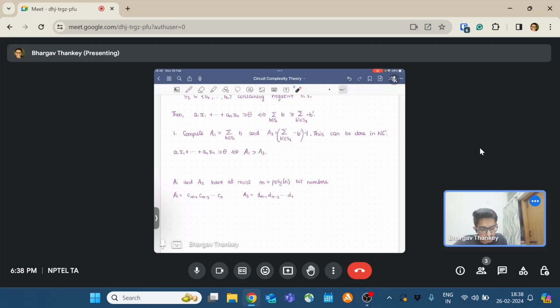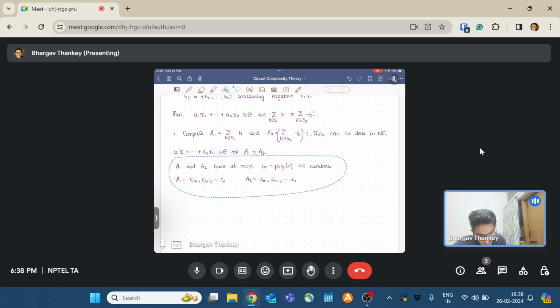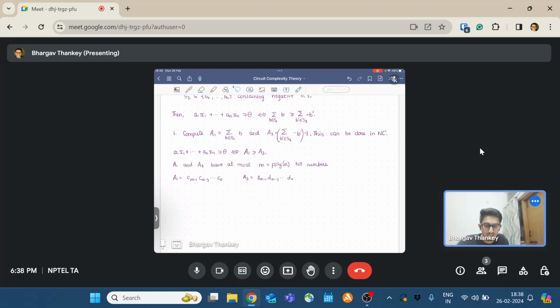Because LHS greater than or equal to RHS means LHS is strictly greater than RHS minus 1, right? So we have just these two numbers and we want to check if A1 is strictly greater than A2. Now, this is much simpler than A1 greater than or equal to A2. So now can you tell me the bit by bit relationships that should hold for this to happen?